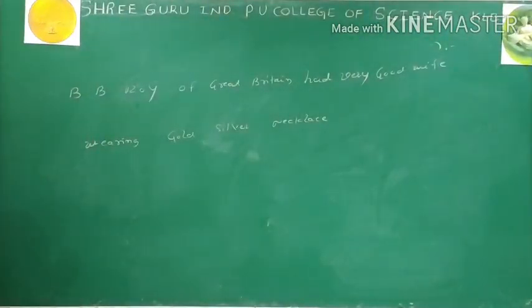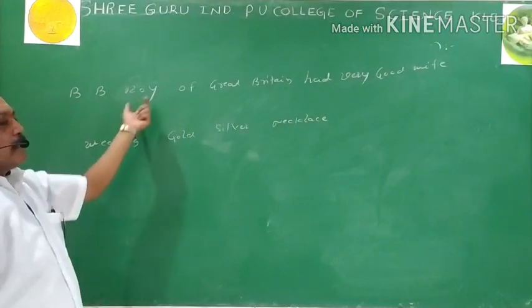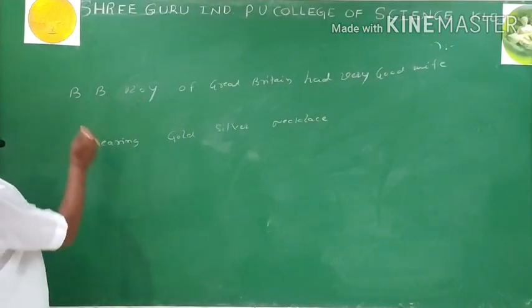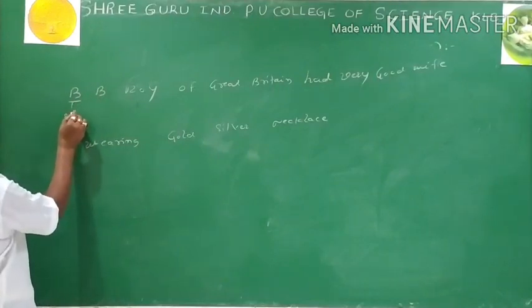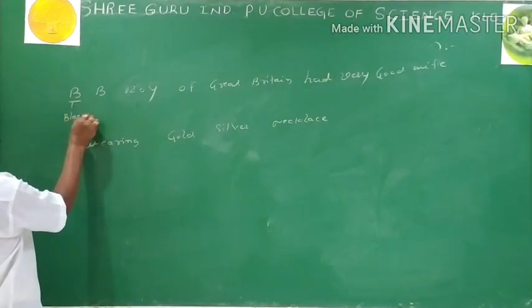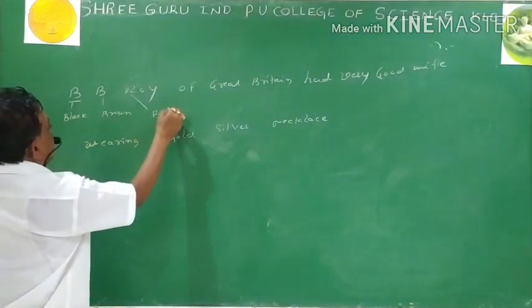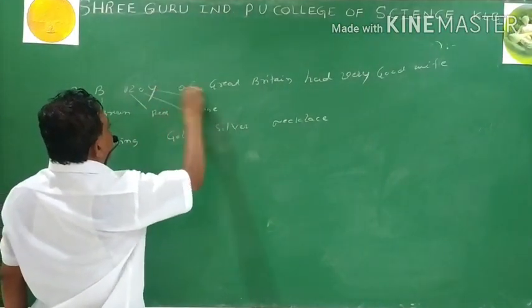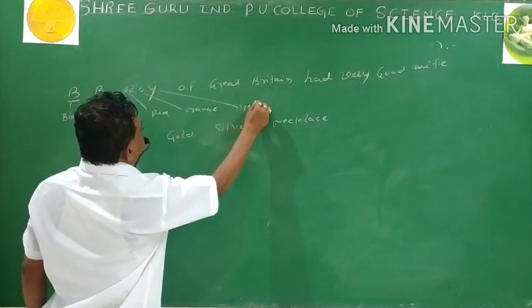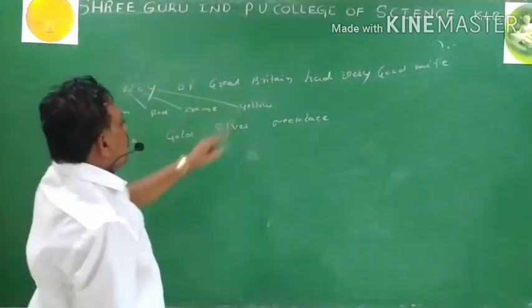Whatever the capital letters written in the sentence, those capital letters represent the colors which are marked on the resistor. So B stands for black, brown, red, orange, yellow.